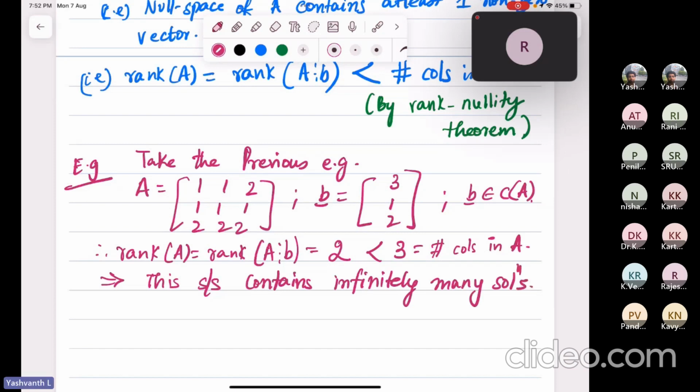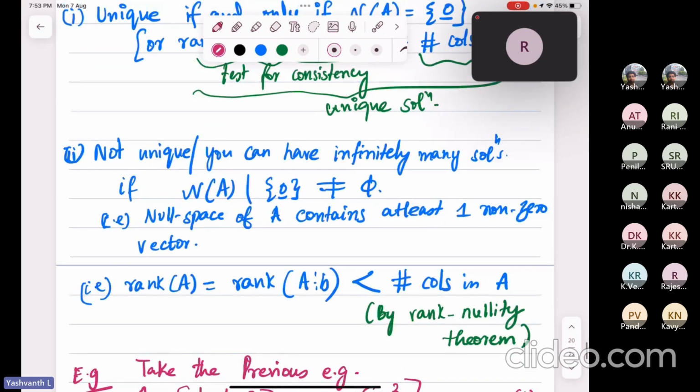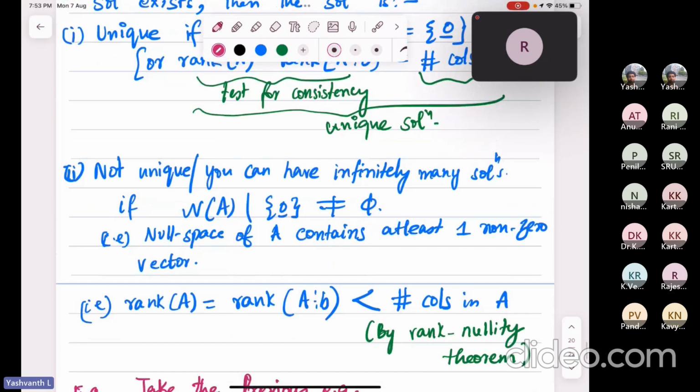Okay, great. So what we have seen until now is a test for whether a system is consistent or inconsistent. If a system is inconsistent, nothing to worry, because we don't have any solutions. But if a system is consistent, then we saw a test to ascertain whether it has a unique solution or infinitely many solutions, namely whether rank is less than or equal to the number of columns.